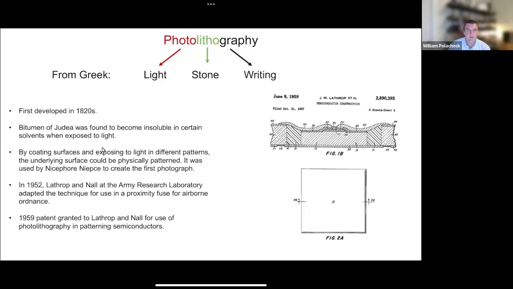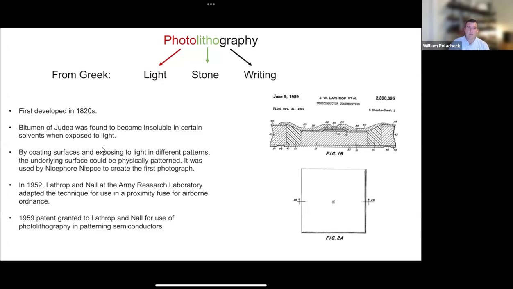The first photolithographic material was bitumen of Judea, which was discovered in the 1800s. It's a naturally occurring asphalt-like material that becomes insoluble when exposed to light. So what they did to develop the first photographs is expose bitumen of Judea to different intensities of light.